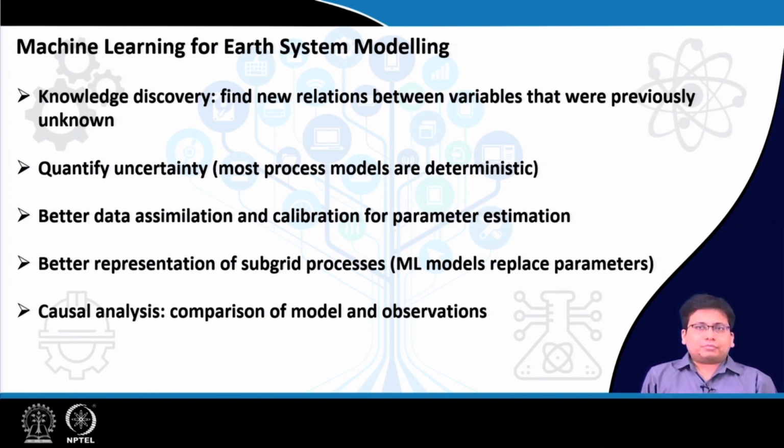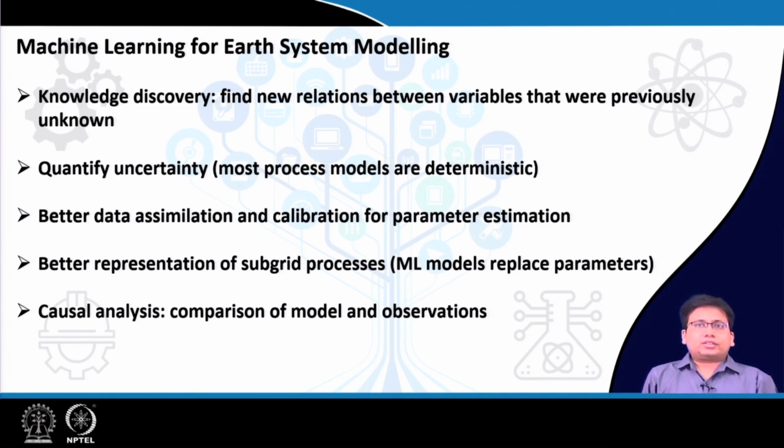Unless the earth system model that we are using is able to preserve these causal relations, it is not very useful. That is, it will not be able to answer the question which I just asked in a very accurate way.